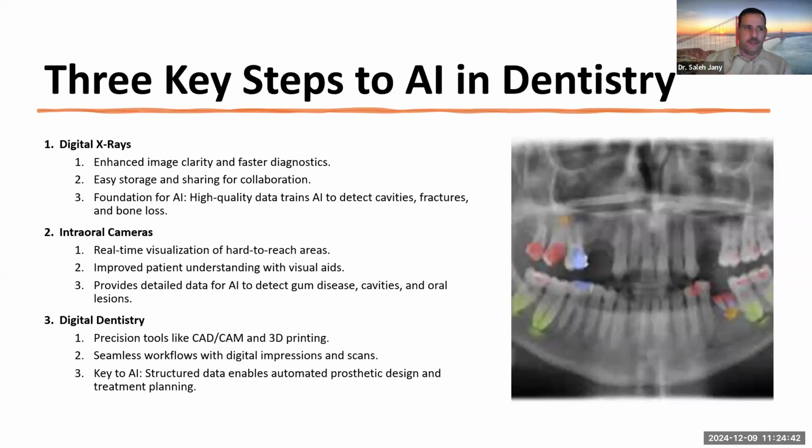When you take an X-ray, the harder tissue absorbs more, and the softer tissue absorbs less. That's why the enamel looks white, the dentin looks less white, the decay is less white, and the pulp, because it's a soft tissue, absorbs less.